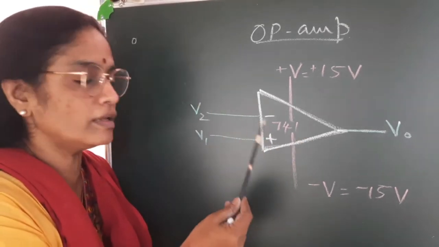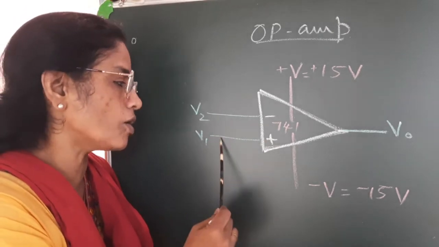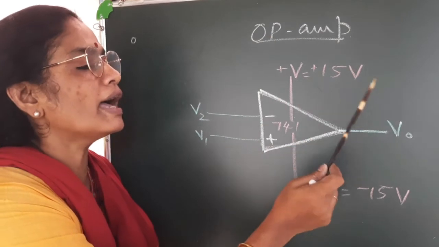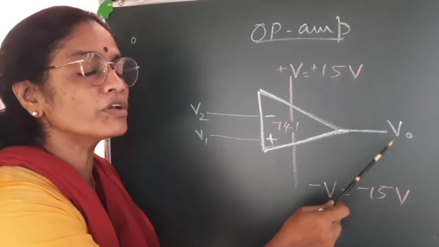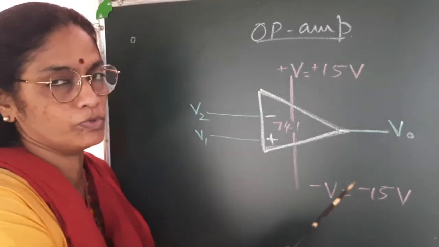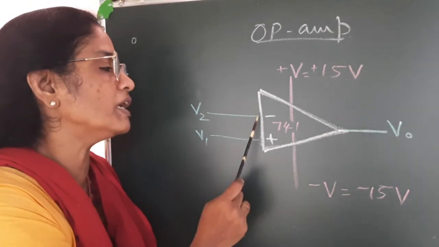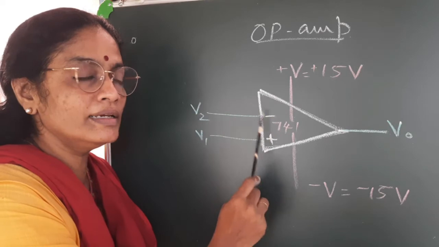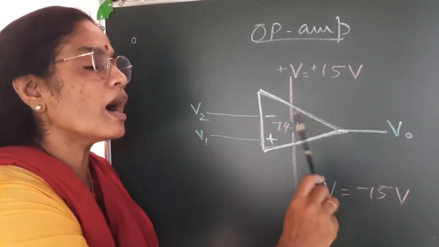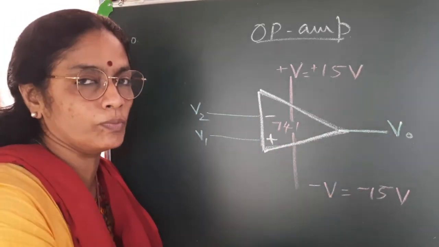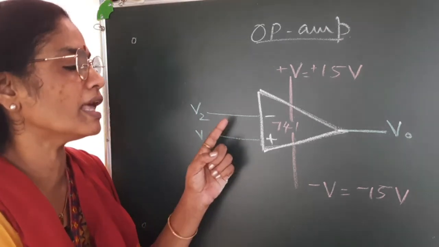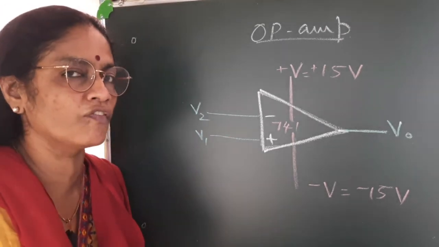If you give a voltage at this non-inverting input, it will appear non-inverted, or in the same phase, in the output. But if you give an input at the inverting terminal, then it will appear out of phase in the output. So, that is the concept of inverting terminal and non-inverting terminal of input.